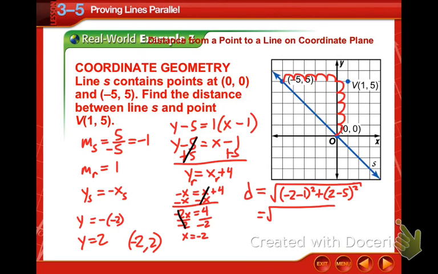So that is going to be negative 2 minus 1 is negative 3 squared, plus 2 minus 5 is also negative 3 squared. So that's going to be the square root of 9 plus 9, or the square root of 18. You can answer it as just that, or if you want the decimal amount, the distance is about, it's not equal to, is about 4.24.